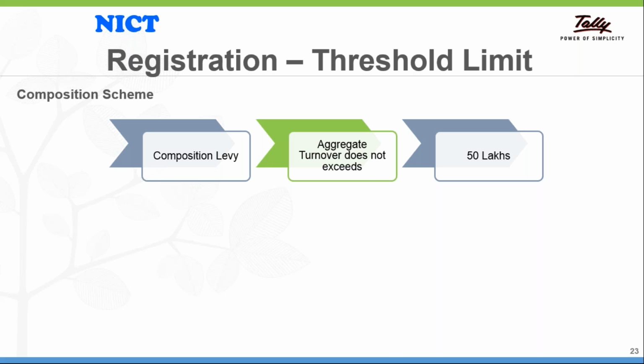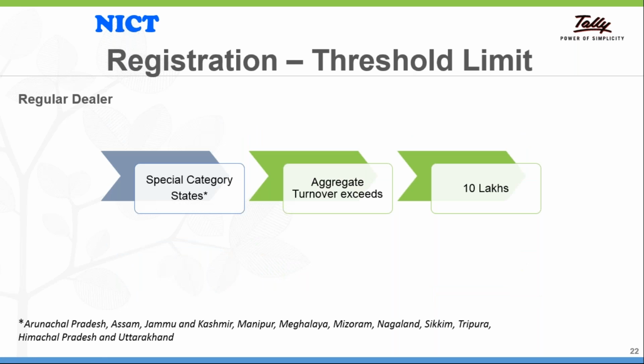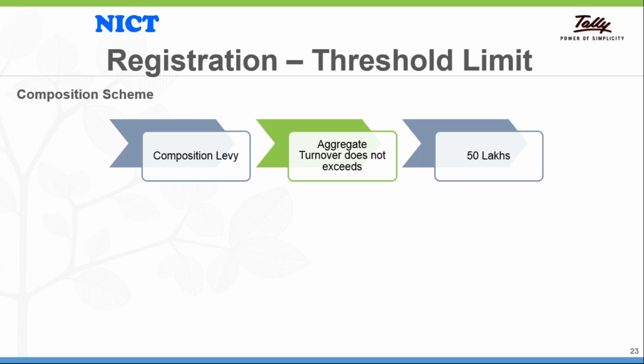So who will come under the composite dealer, I mean, who can opt to be a composite dealer: any manufacturer or trader whose turnover will be less than 1.5 crores in the financial year. You should write this as 1.5 crores. So it must not be more than that. Here any limit above 10 lakhs to above 20 lakhs can be there, but here it should not exceed 1.5 crores.